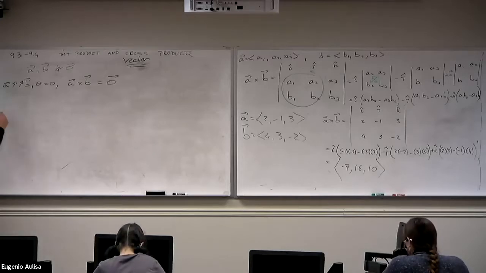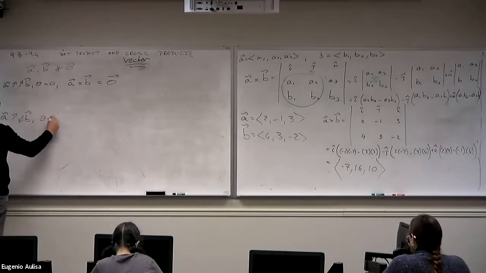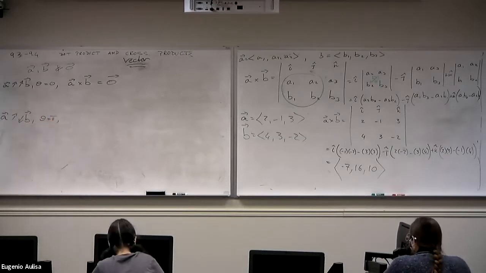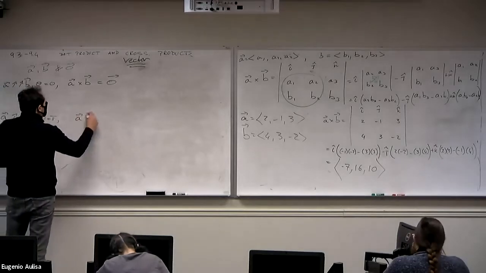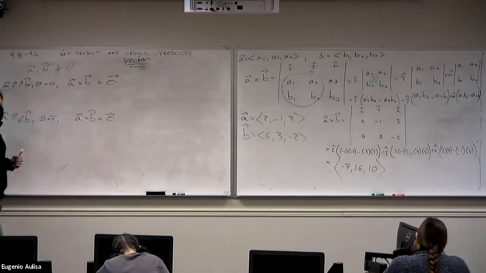If A is anti-parallel, then again theta is going to be pi, sine of pi is 0 again, so A cross B is going to be again the 0 vector.